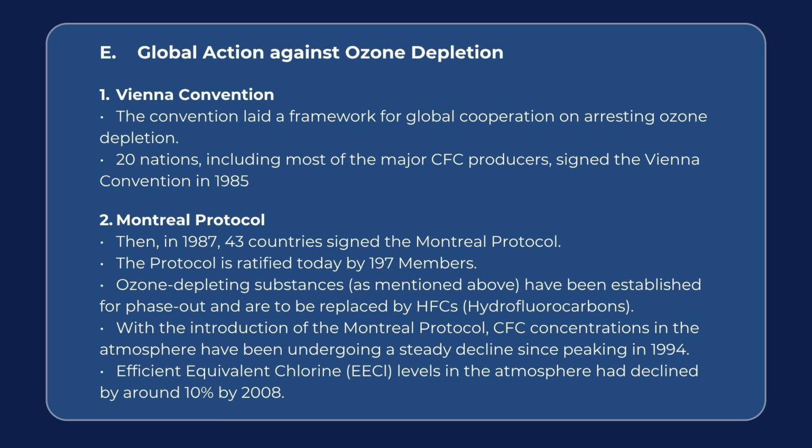The treaty has been so effective that by 2008, effective equivalent fluorine levels in the atmosphere had declined by approximately 10%. With 197 current members, it is considered the most successful environmental agreement in history, putting the ozone layer on a path to recovery.